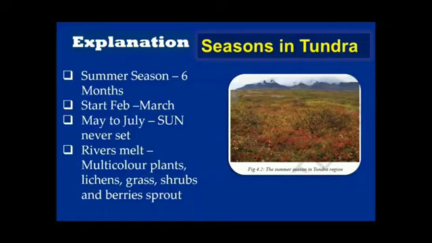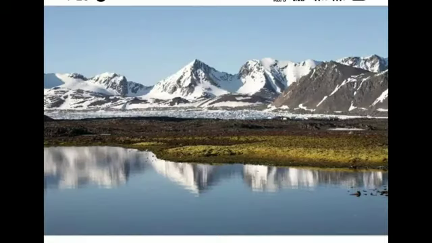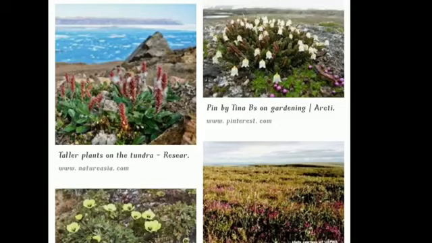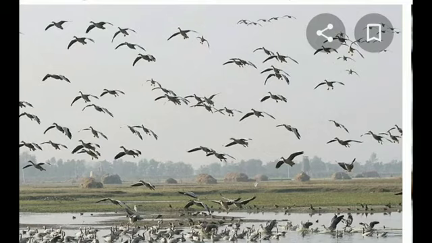Then, for almost 3 months from May to July, the sun never sets; it shines all 24 hours. When summer approaches, many multicolored plants, lichens, grasses, shrubs and berries sprout all around. They bear flowers and fruits of different colors. Many birds and animals come to feed on them.